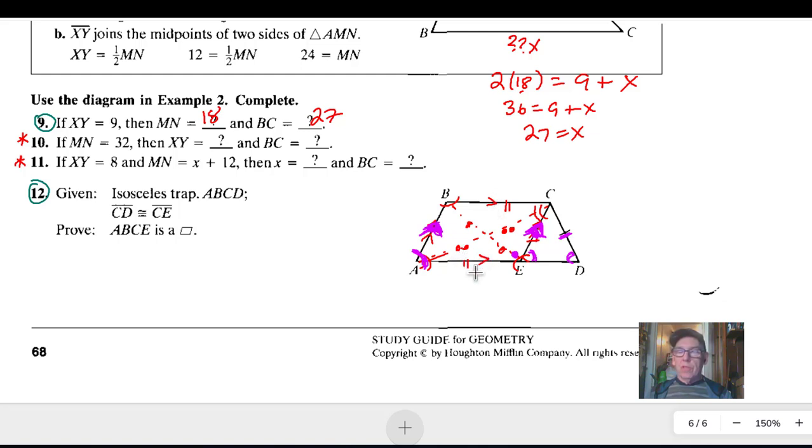See what we can do for getting these sides parallel here. Now, if these sides were parallel, then these alternate interior angles would be congruent, and I think that's what's going to do it for us. Let me switch over here to black. So let's see what we can do.